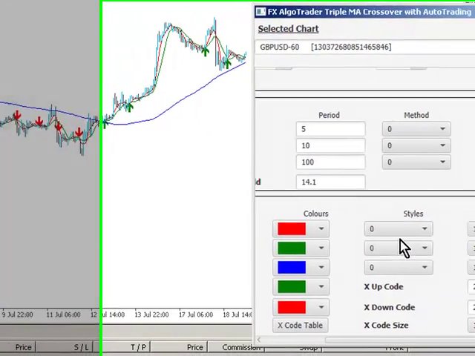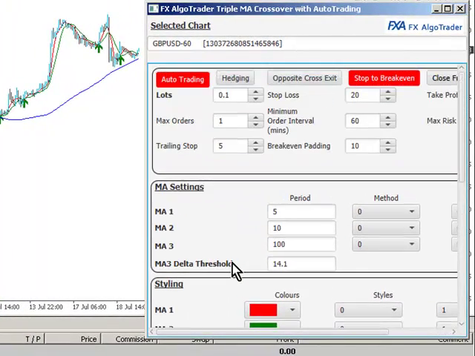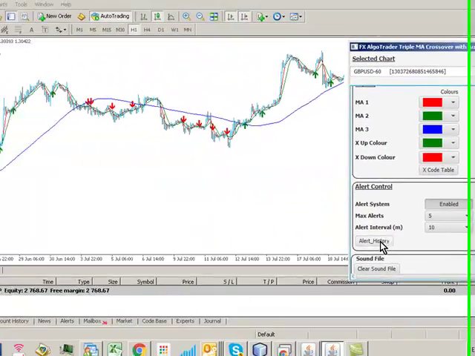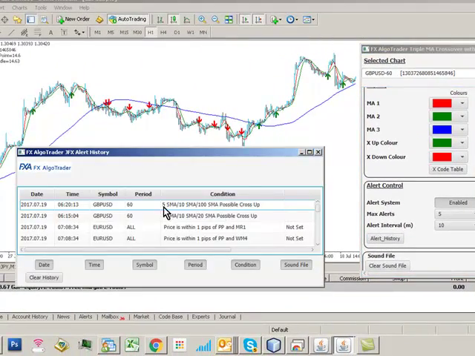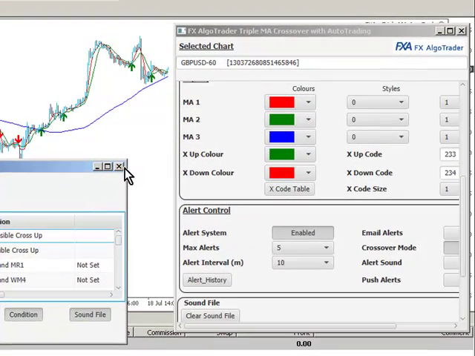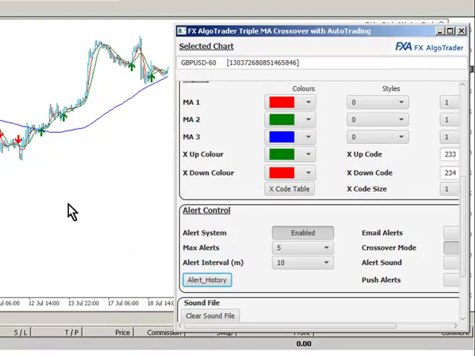So if we go back to the alert history, you can see we've got a possible cross up on that sterling US dollar 60-minute chart. So you're still going to get your alerts, but at the moment I've disabled automated trading, because it just confuses people.